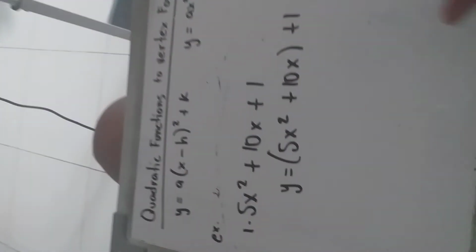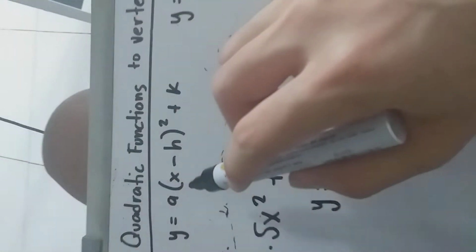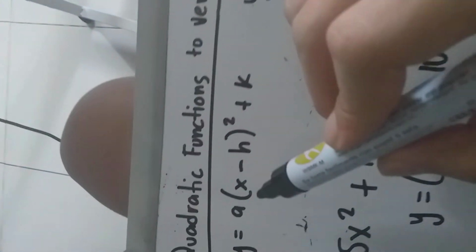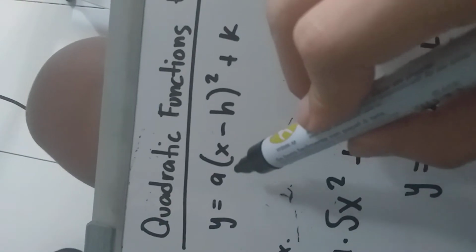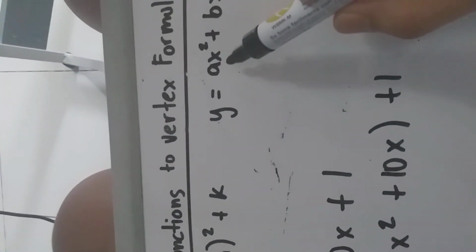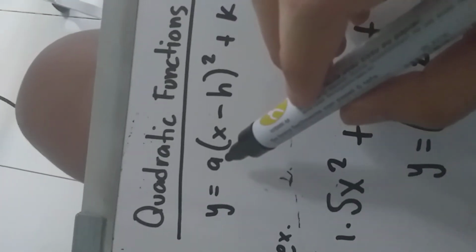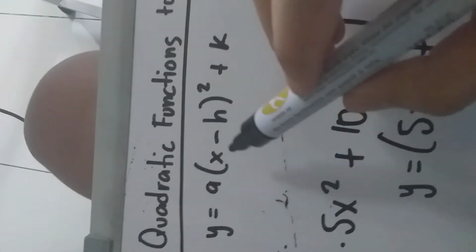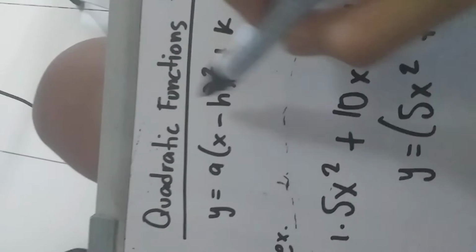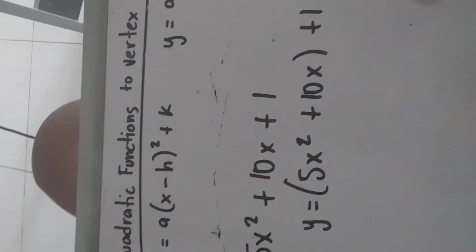But here we see that a is outside x. So here ax squared, right? A is beside x. Here we factor out a from the parentheses. So that's what we're going to do.